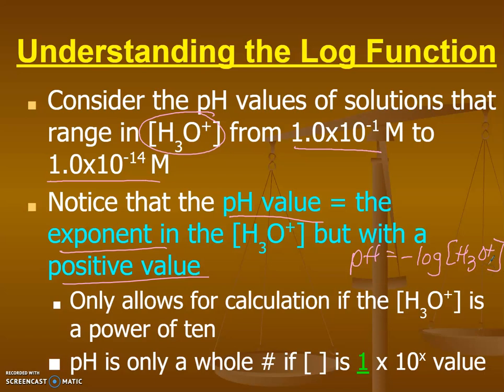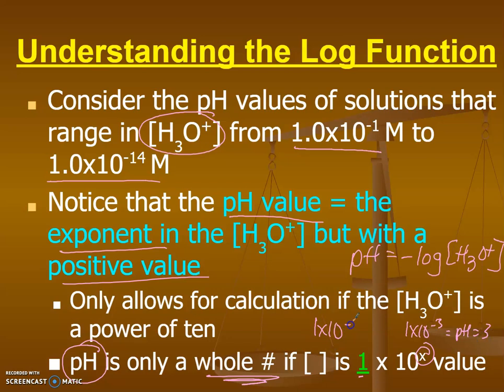This will be easy for everything that is to the power of base 10, and your pH values will be a whole number if it is 1 times 10 to the whatever value. So if it's 1 times 10 to the negative third, your pH will be 3 and it will be an acid.